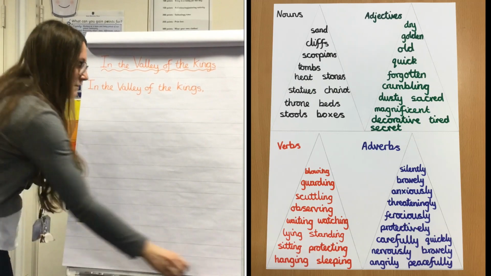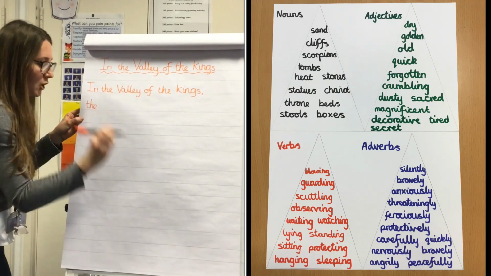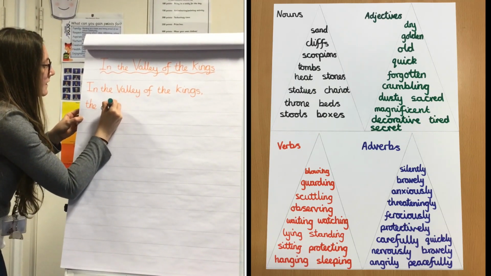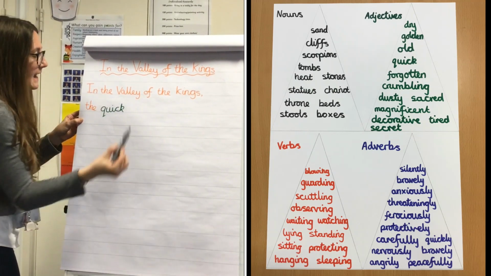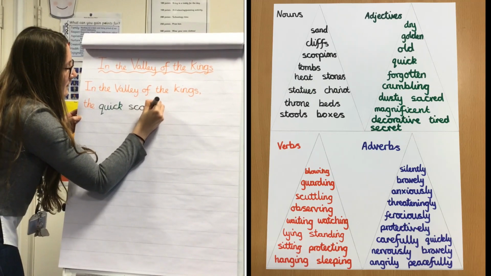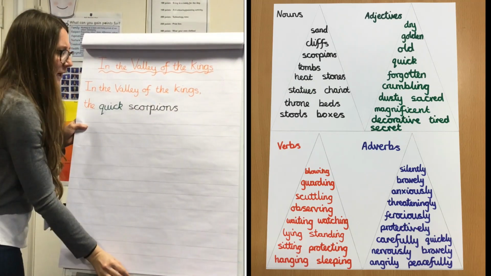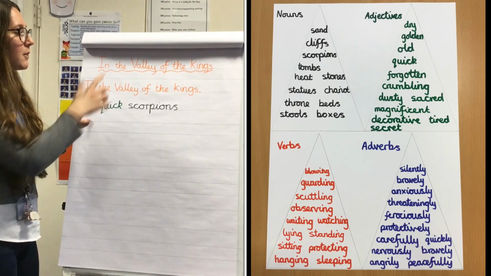So, in the Valley of the Kings, the quick. That's my adjective. The quick scorpions is my noun. The quick scorpions. Now, what are the quick scorpions doing? Remember, I want that picture in my mind, so I want a verb.